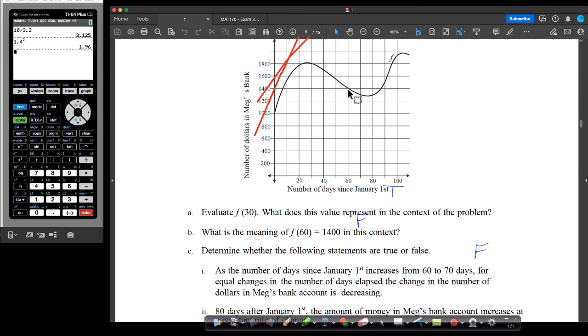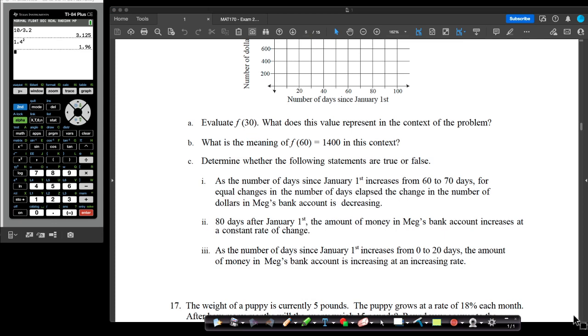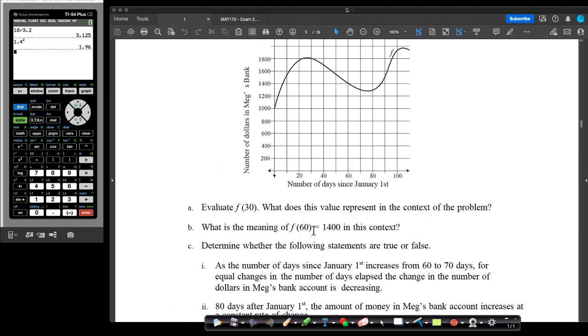So say for 5 days change, they're decreasing. It's still decreasing. You have to help me understand that a little bit better, but I think it's overly complex in the wording of the question. But that's 16, how to read a graph. The important parts are the input and our output, being able to line those up.